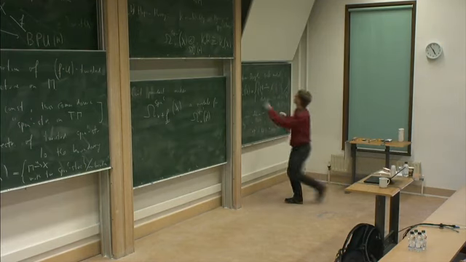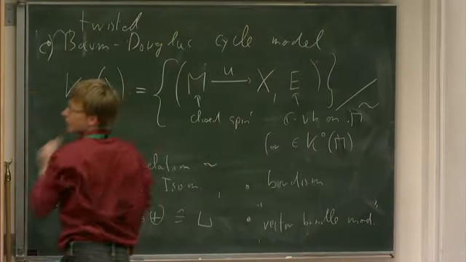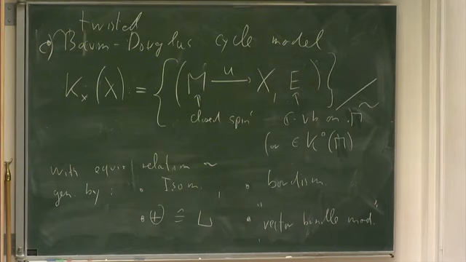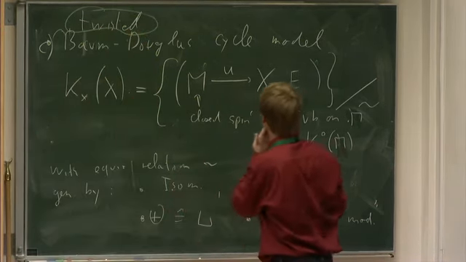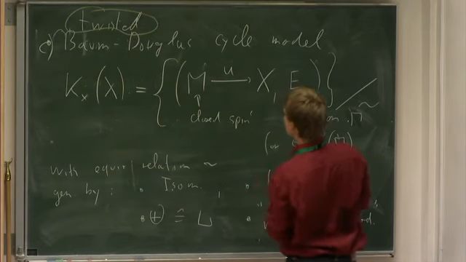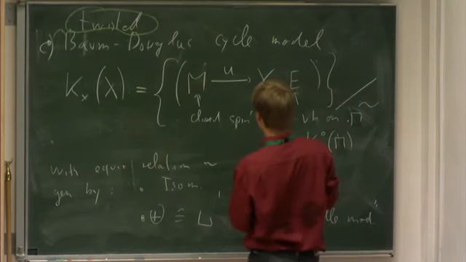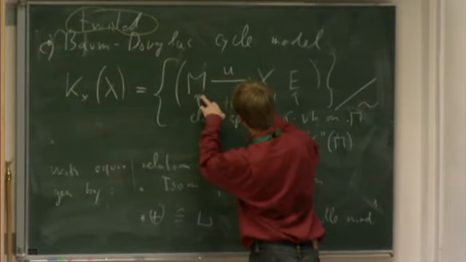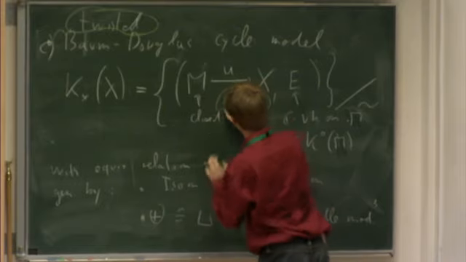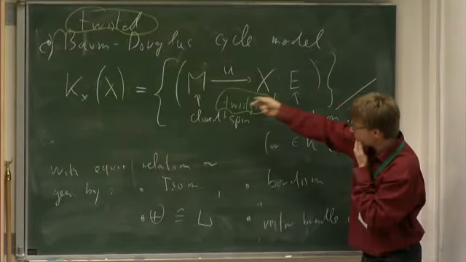So the twisted Baum-Douglas cycle model uses M, U, E, where the M comes with a twisted, in the sense just described, spin C structure. Otherwise, everything is unchanged.